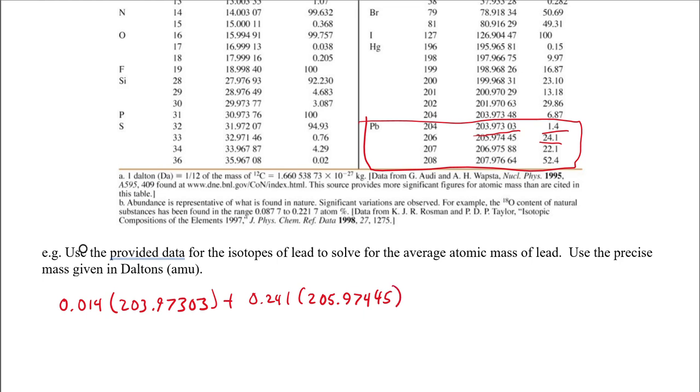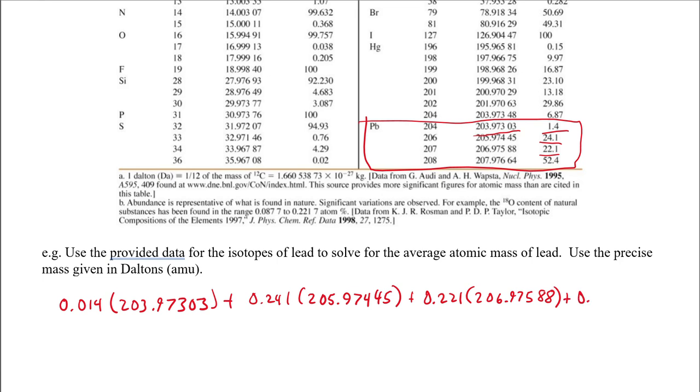205.97445. And now I've got to add on a term for the mole fraction of the 207 isotope, so 0.221, and its mass is 206.97588. Oh, I need to add in one more term.